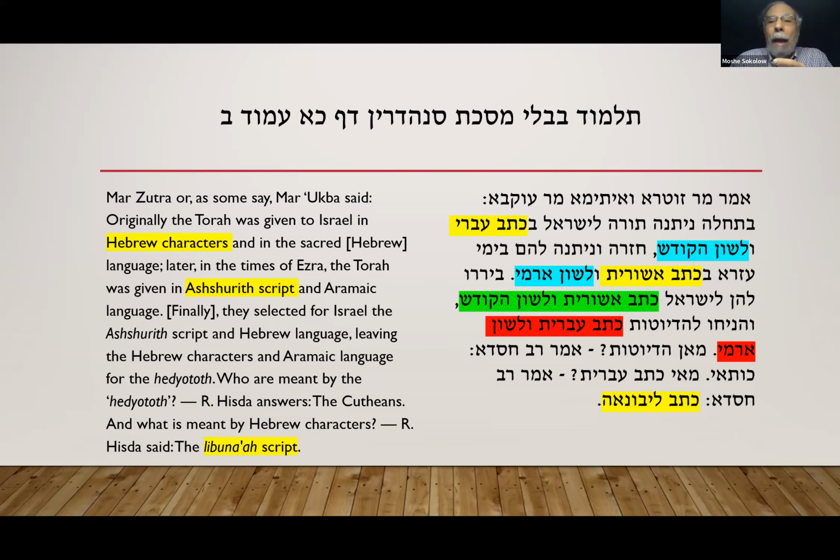Arguably, that is why our Torah today and our Torah for the last 2,500 years has been written in an alphabet which the Talmud calls the Assyrian alphabet. And again, it's called the Assyrian alphabet because it would appear to have been imported into the land of Israel at the beginning of the Second Temple period by the Jews who returned to the land of Israel from their Babylonian captivity.